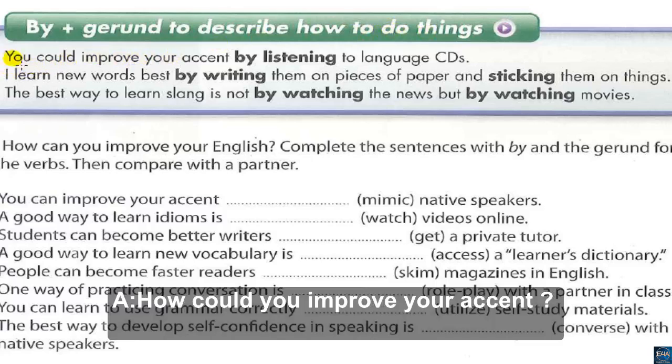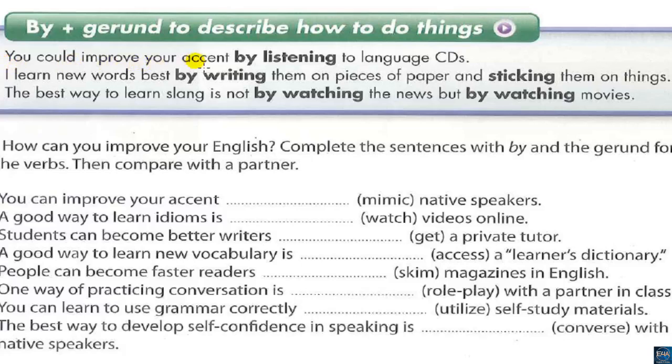If I ask you, how could you improve your accent? A, how could you improve your accent? B, you could improve your accent by listening to language CDs. By plus verb plus ing, by listening.